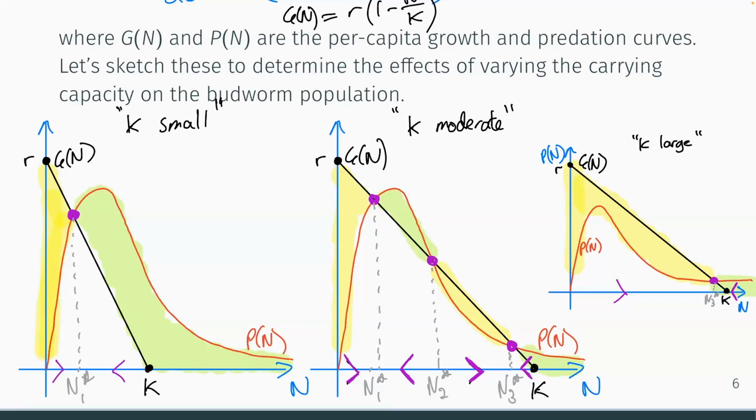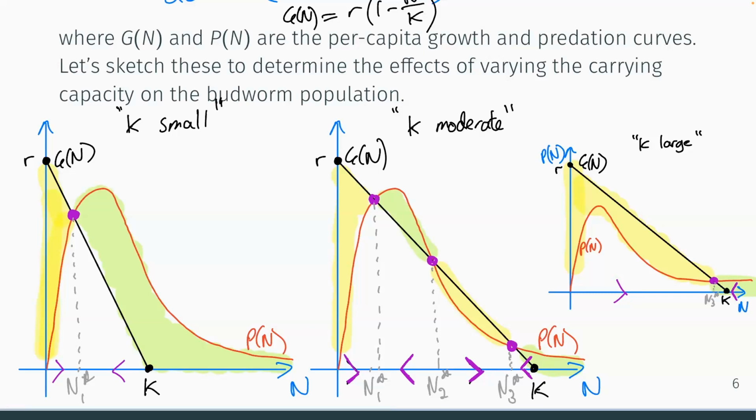We're starting from 3, say, and as I move left or right, what happens? Well, if I start moving this black curve to the left, I've got an unstable equilibrium and a stable equilibrium, and they're going to start moving towards each other. They move towards each other until they meet, and then they annihilate each other, and then you're in this scenario here on the left.